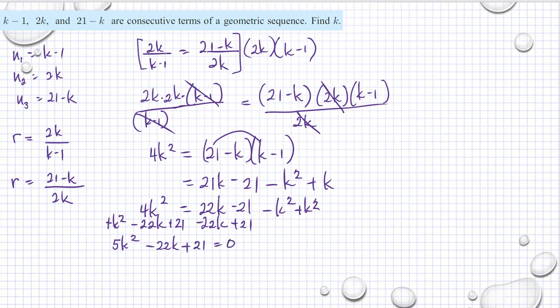As you can see here now, we have a quadratic equation, where we can use factoring if you want to use factoring. This is 5 and 1, and this is negative, maybe 7 and 3, negative 3, 15 plus 7.